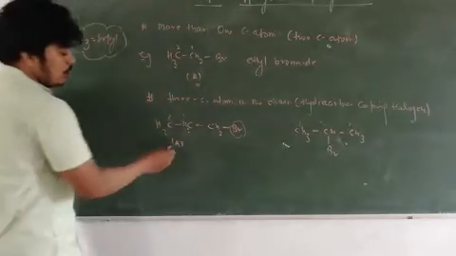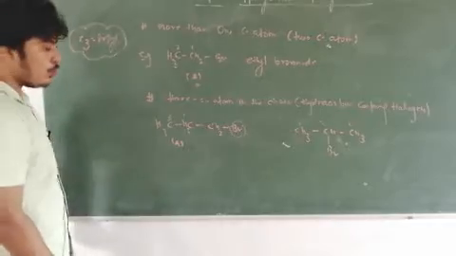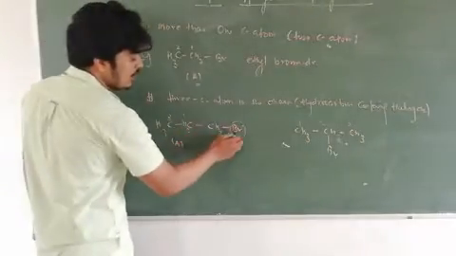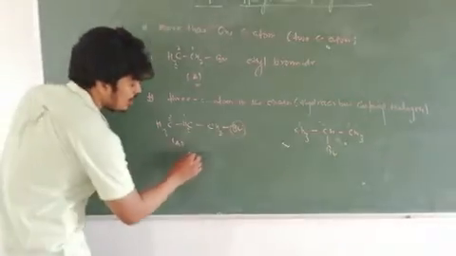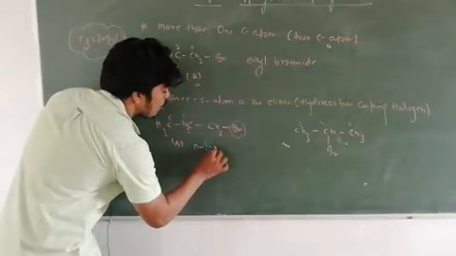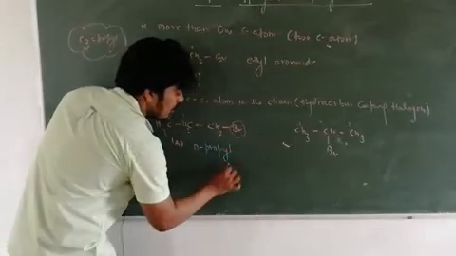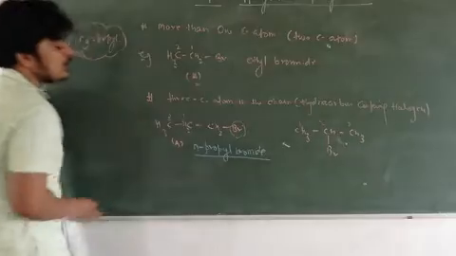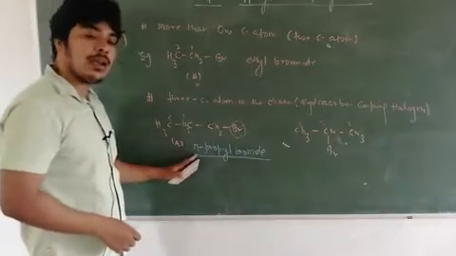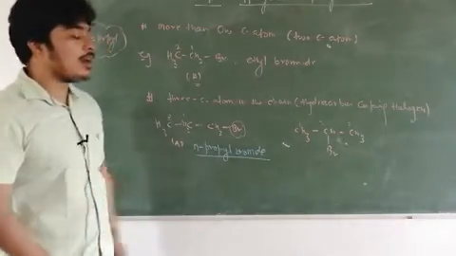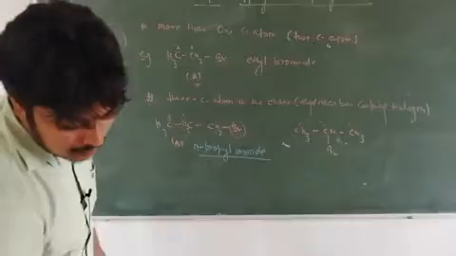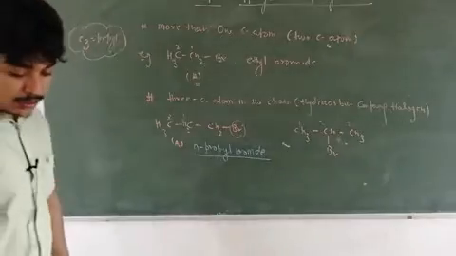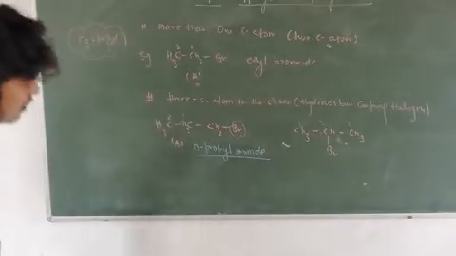So this is propyl bromide, but you have to take care that this is the linear chain, normal chain, and bromine is at the corner, so this is normal propyl bromide. What did we put before the name? Normal, n-propyl bromide.